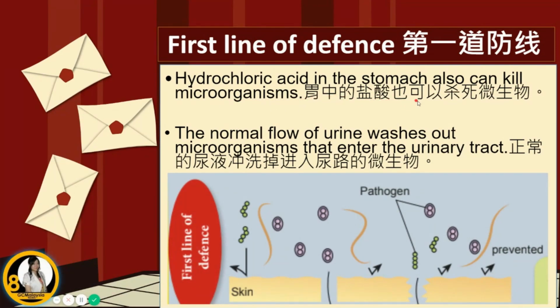The normal flow of urine washes out microorganisms that enter the urinary tract. Okay, this is the picture of first line of defense.